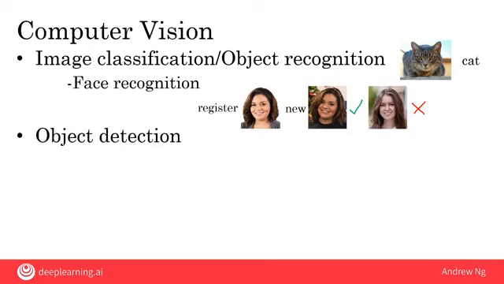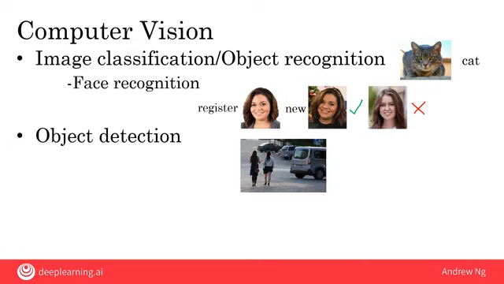A different type of computer vision algorithm is called object detection. So rather than just trying to classify or recognize an object, you're trying to detect if the object appears at all. For example, in building a self-driving car, we've seen how an AI system can take as input a picture like this and not just tell us yes or no, is there a car? Yes or no, is there a pedestrian? But actually tell us the position of the cars as well as the positions of the pedestrians in this image.